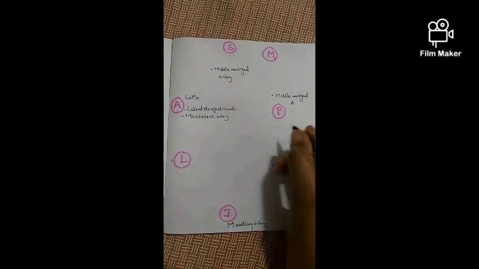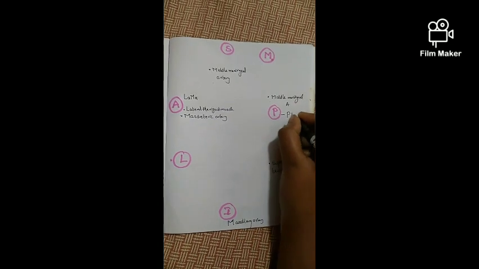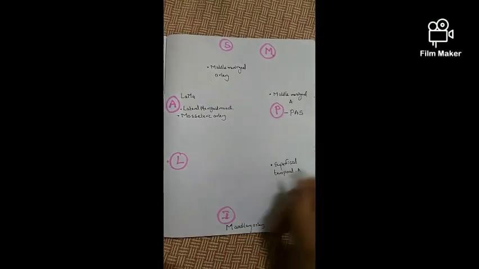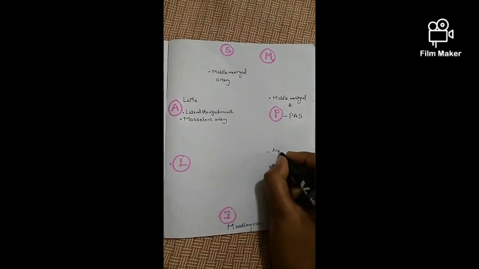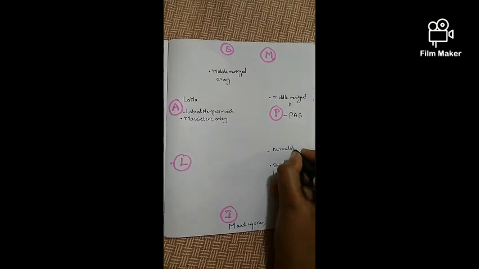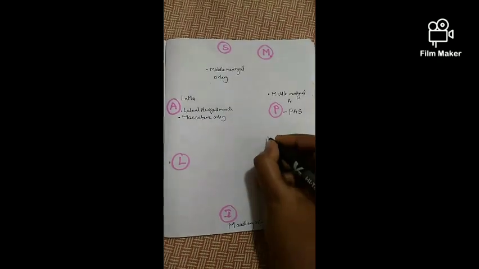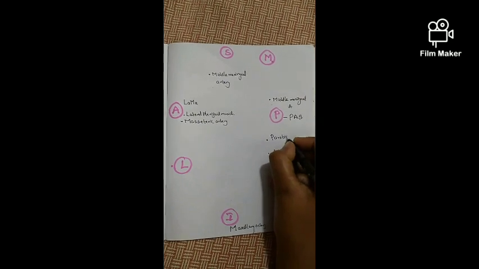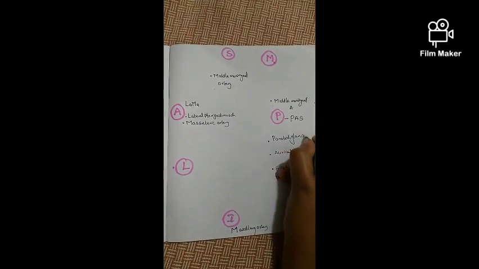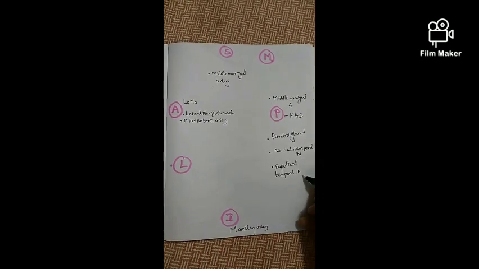Now going to the posterior relations. Posteriorly it is PAS: S for the superficial temporal artery, A for the auriculotemporal nerve, and P for the parotid gland. So posteriorly we have the parotid gland, auriculotemporal nerve and superficial temporal artery.